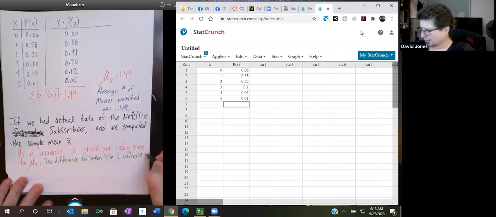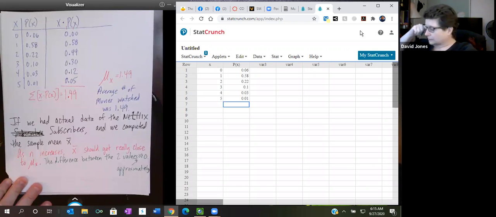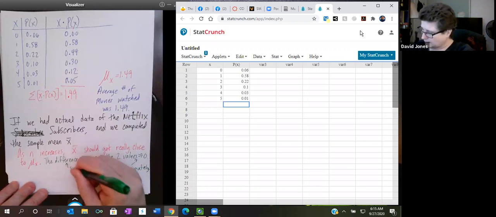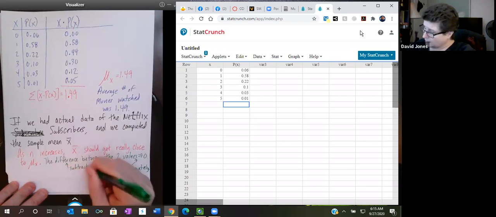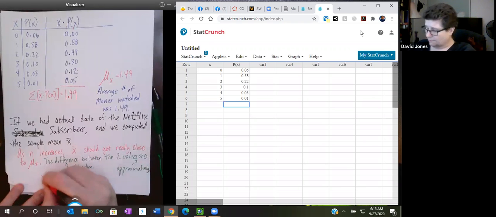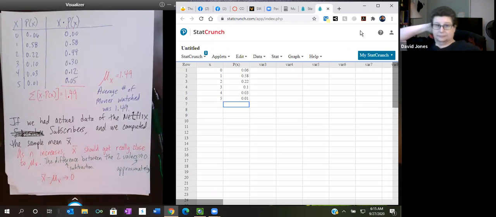An equal sign that looks wavy means approximately. And the difference means subtraction. So x bar minus mu of x should get close to 0.